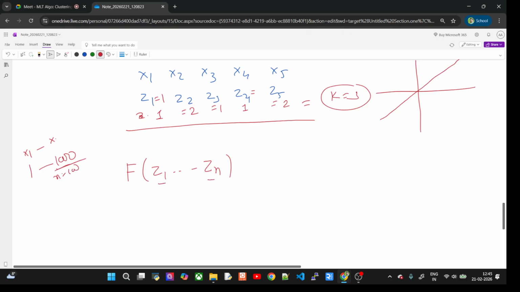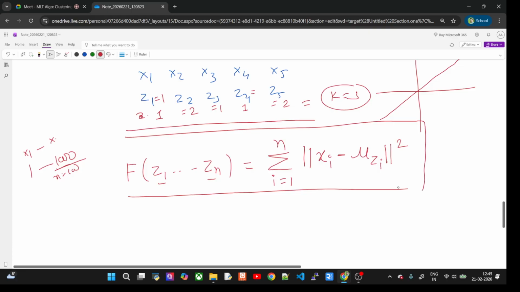This function gives you the summation of i equal to 1 to n of xi minus mu of zi. This is called the objective function.